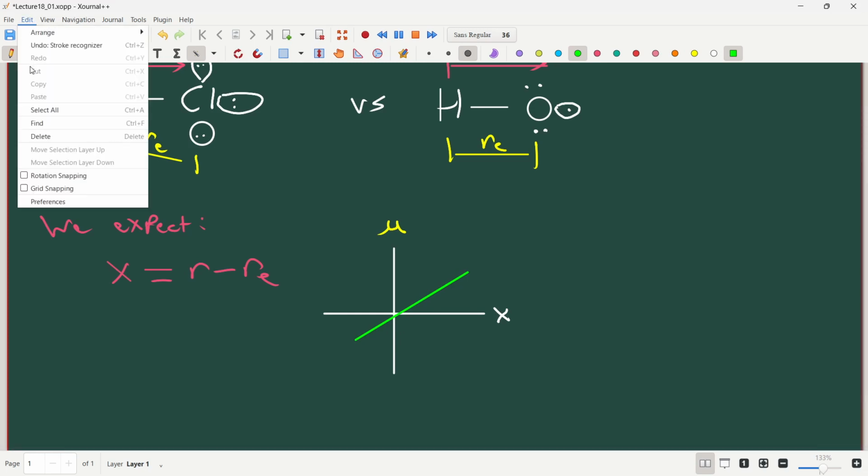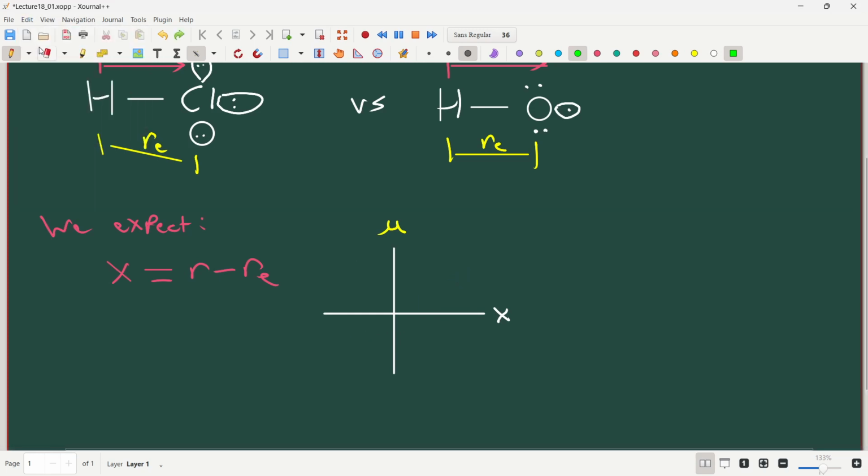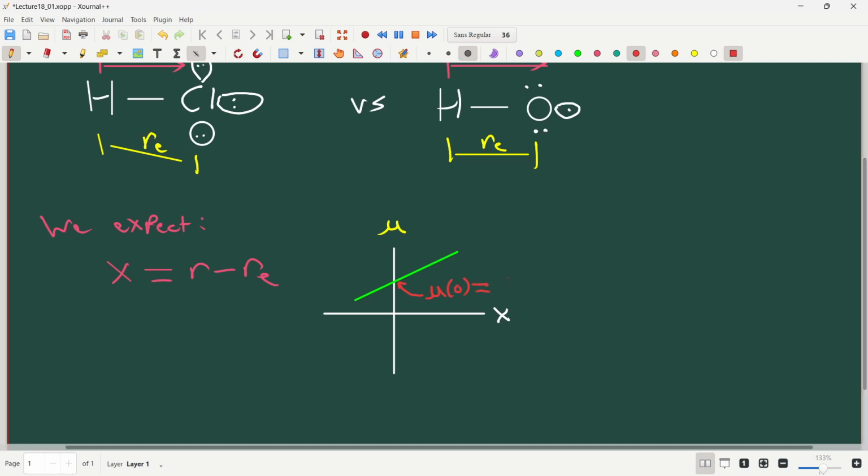Actually, let me erase that. It's not going through 0. A nice straight line through some positive value where the vertical intersection, the intercept of this line, is the dipole moment at x equals 0, which is the equilibrium dipole moment, mu sub e.